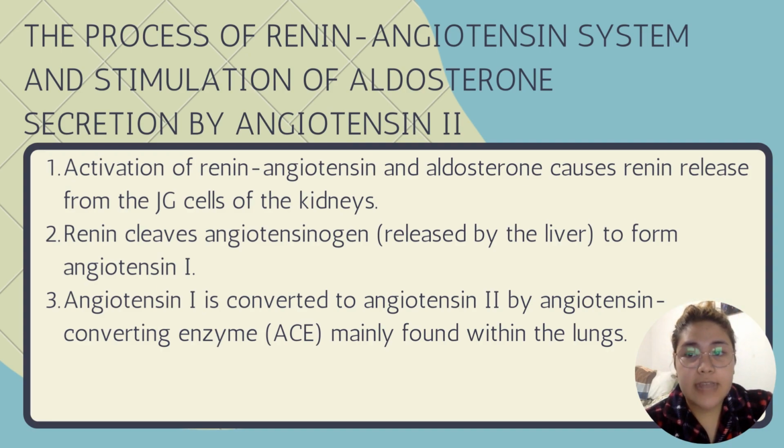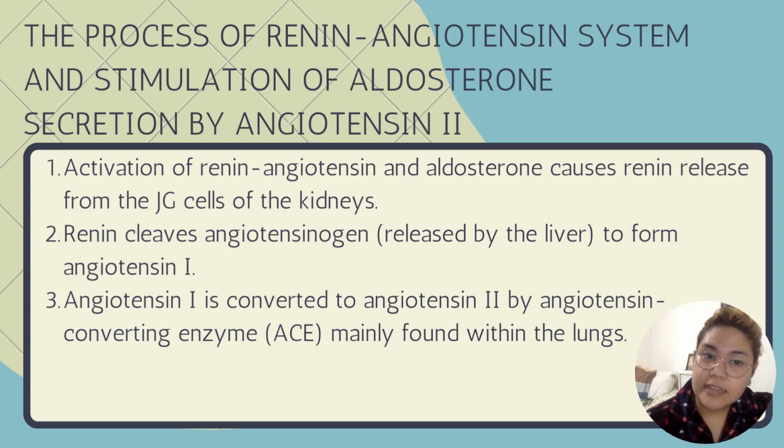First is the activation of the renin-angiotensin-aldosterone system, which begins with renin being released from the JG cells of the kidney. Once it is activated by one of the mechanisms, which include sympathetic activation and the carotid baroreceptors, renin is released from the juxtaglomerular, or JG, cells of the kidney.